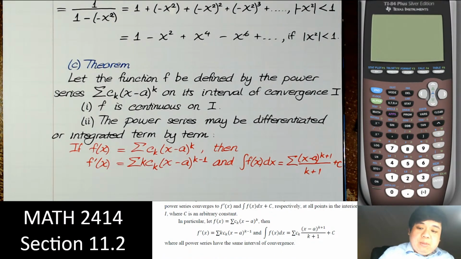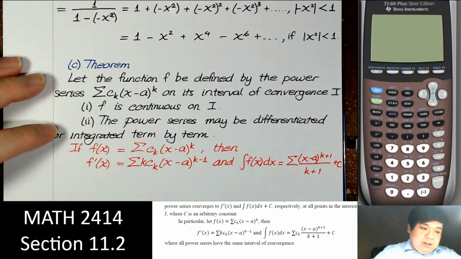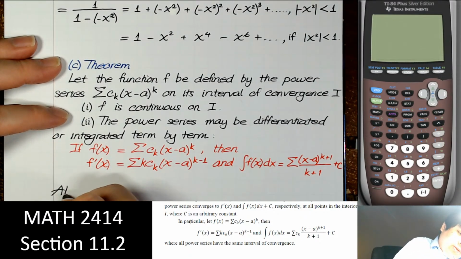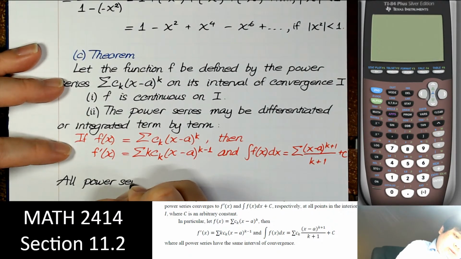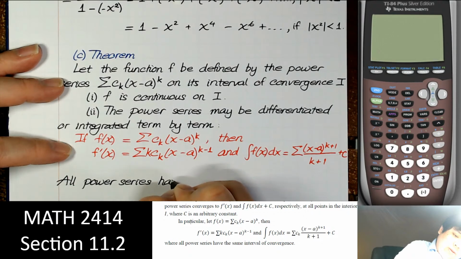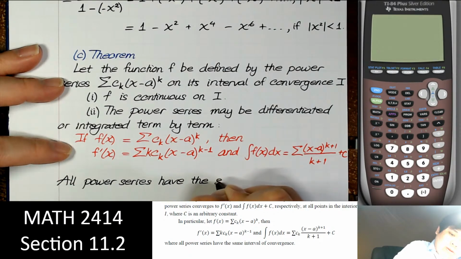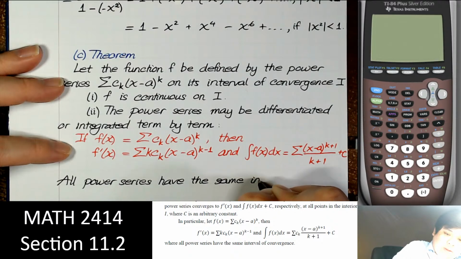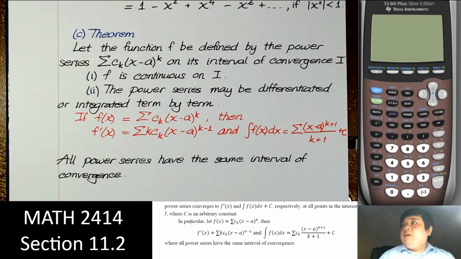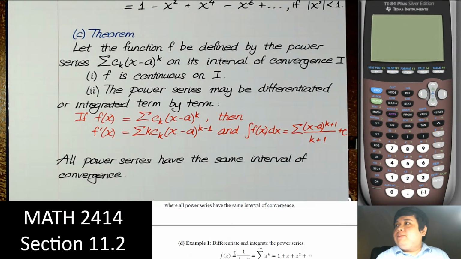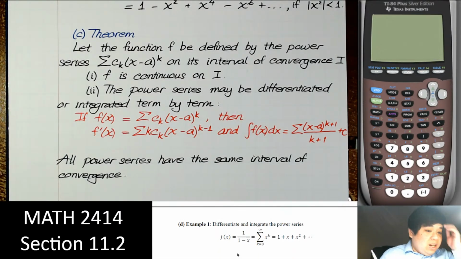And all the power series will have the same interval of convergence. Let's see how it works. So it says that we can take derivative term by term and integrate term by term.